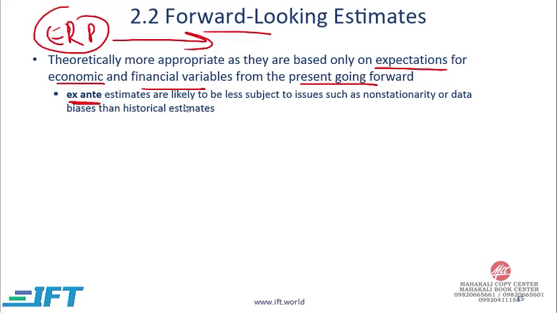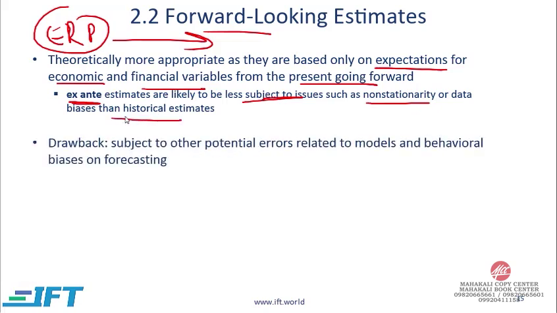So ex ante estimates are likely to be less subject to issues such as non-stationary data or other data biases relative to historical estimates. But there's a drawback. Forward-looking estimates are subject to other potential errors such as model-related errors or behavioral biases in forecasting.